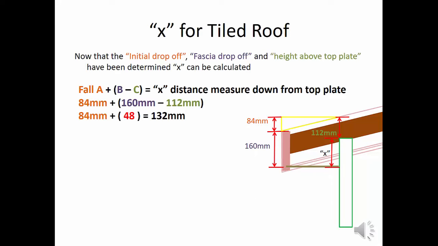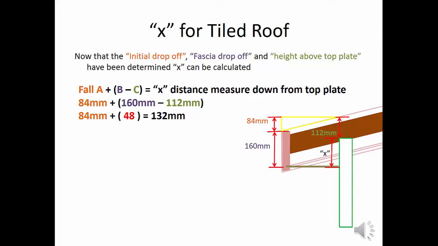We will calculate eave drop off for both the tiled roof and the metal roof that we looked at earlier. And because the fascia dimensions are the same, fall A, initial drop off, and B, fascia drop off, will be the same for both examples. But C, the height above top plate, will be different for the two examples.